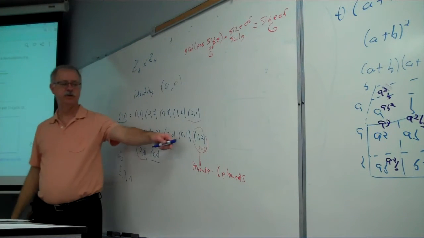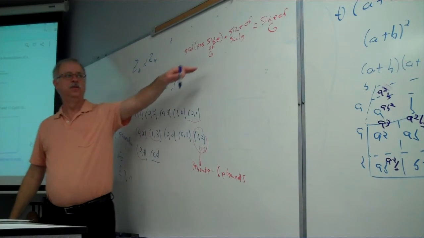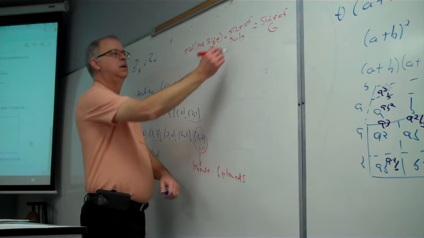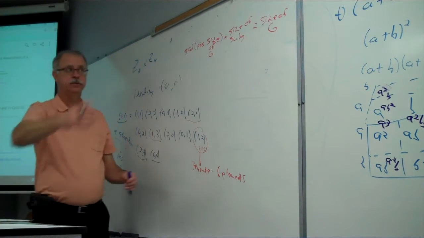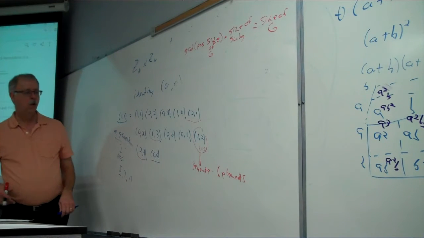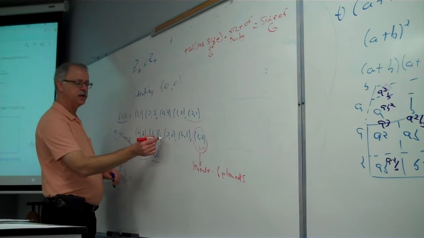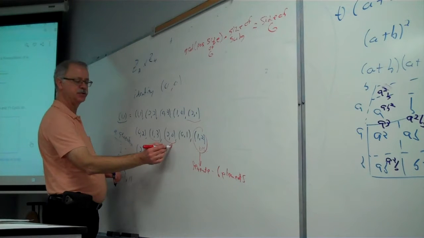So the greatest common divisor here was 2. The size of the subgroup then would be 6. What would the size here be in the 8th position?